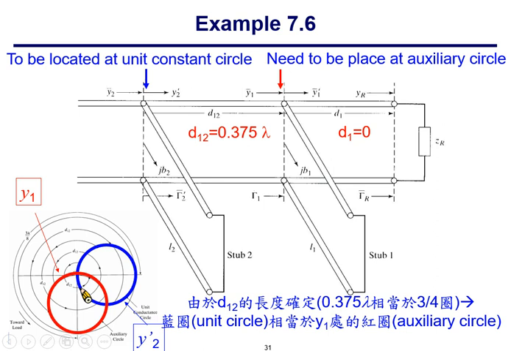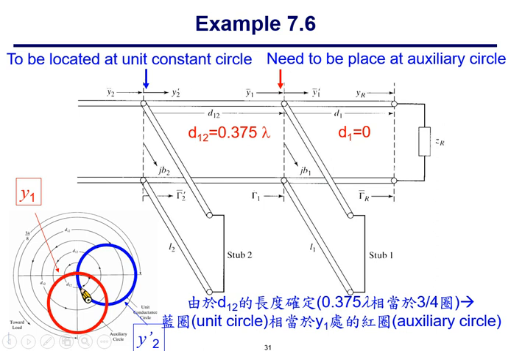If your conductance is a small number, you will have a larger circle, and it is bound to have an intersection with the auxiliary circle. If you have a large conductance, located in this region, it may not have an intersection with the auxiliary circle. To be exact, the criterion is if G is greater than 2. If G is equal to 2, it will only have one intersection around here.